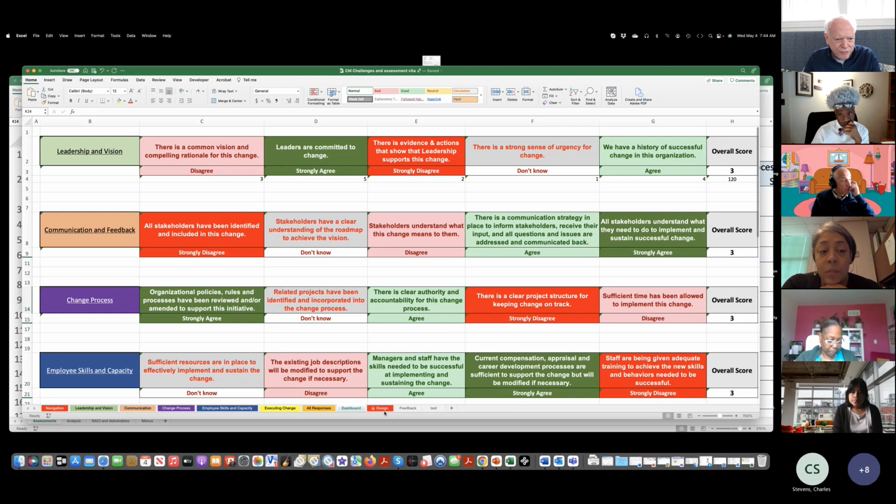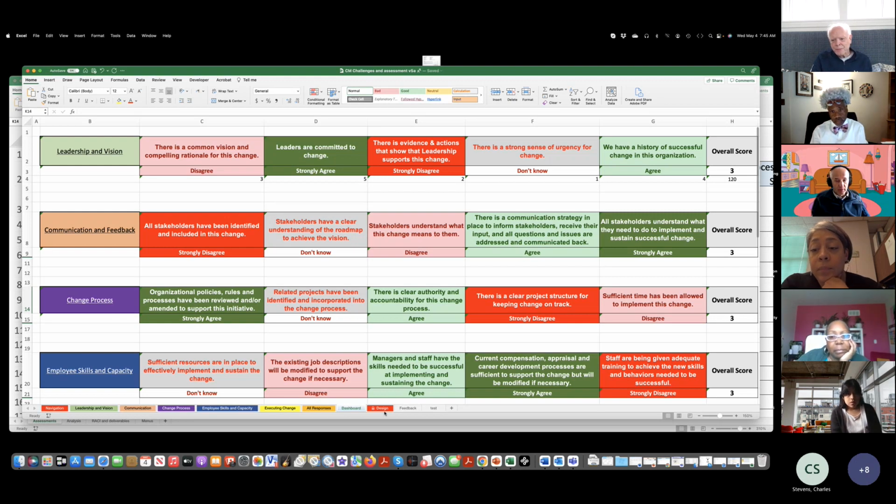On the first one in the upper left, leadership and vision: there's a common vision and compelling rationale for the change. Well, if people disagree that you even have a rationale and a common vision for the change, then maybe you need to communicate and work on that a little bit. So the things that are in pink and red tend to be the things that don't score as well. Of course, this is just a sample version, but you can look at those things that are scoring low, and you may not be ready to do the change if you're scoring low in something, and you may need to work on that particular area.